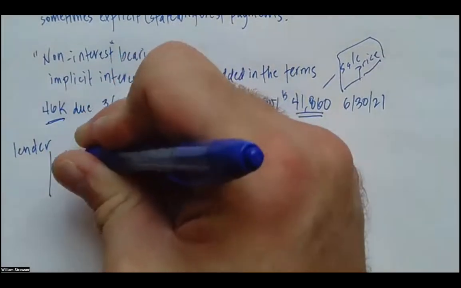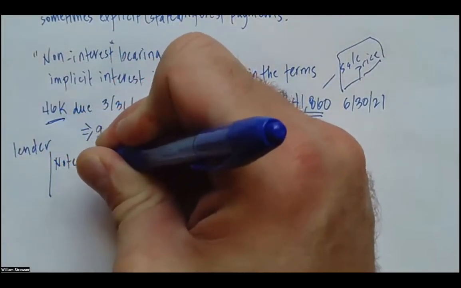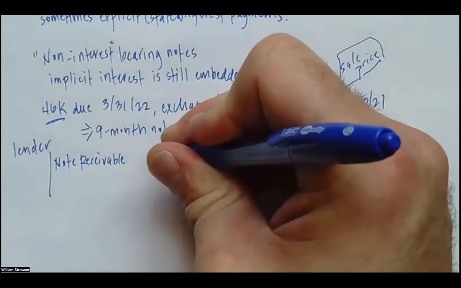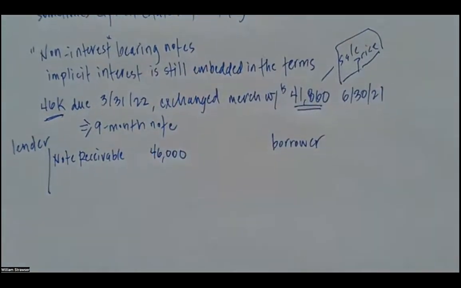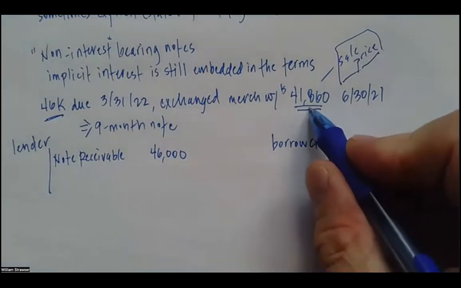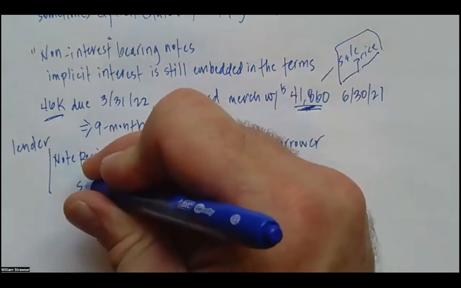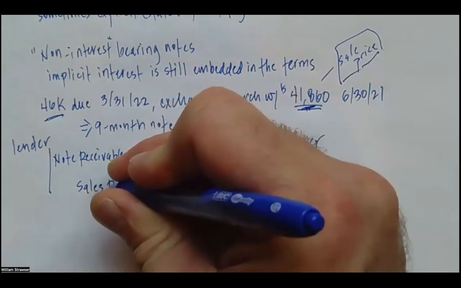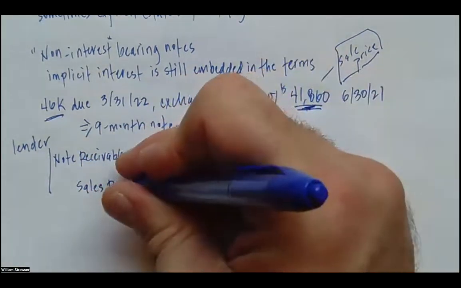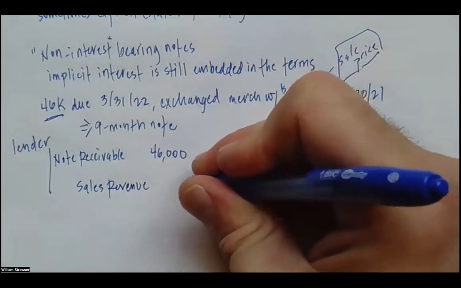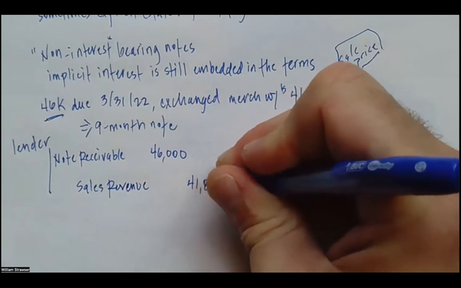So they got a note receivable for $46,000. And they sold merchandise for a sale price of that amount. So they actually only are able to record the sales revenue for $41,680.